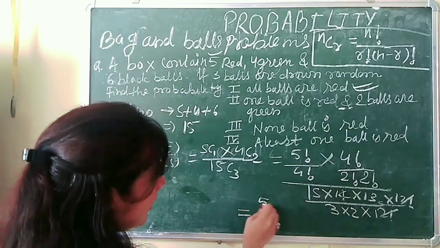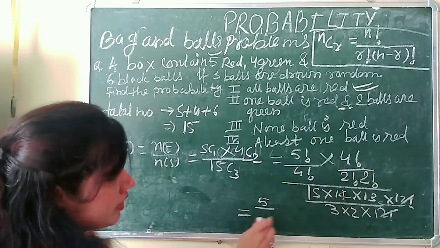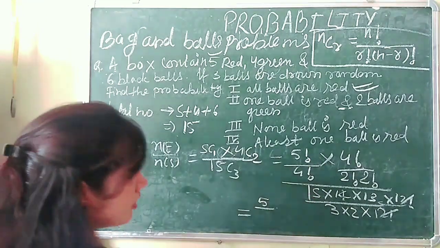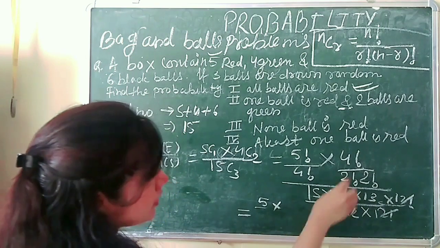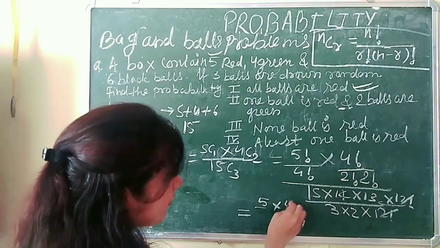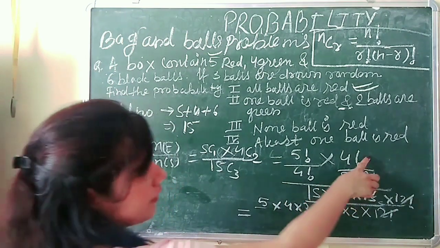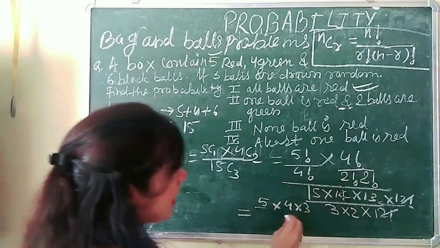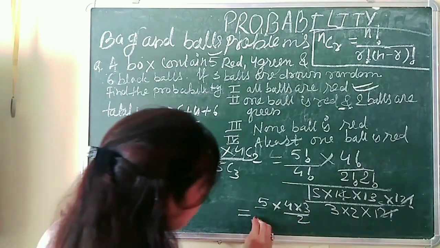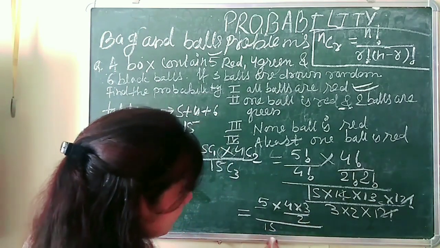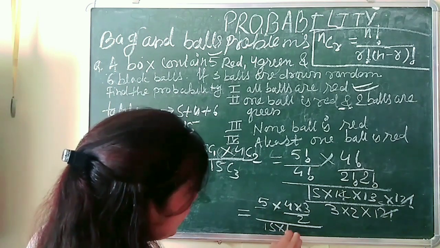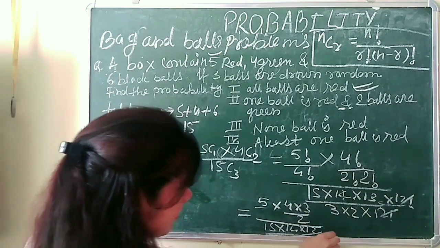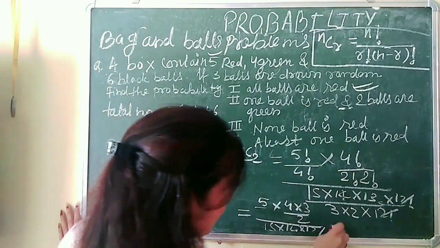So that will be 5 upon 1, because 5 cross 4 factorial, and 4 factorial will be cancelled out, into 4 into 3, and 2 factorial and 2 factorial will be cancelled out. So here we will get only 2 factorial, that will be 2 only, upon 15 cross 14 cross 13 upon 3 cross 2.